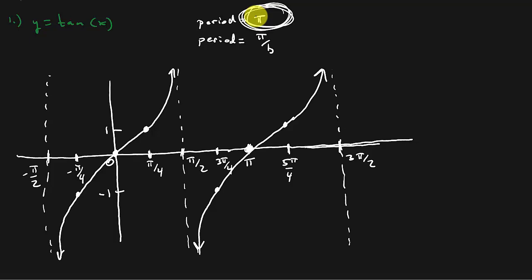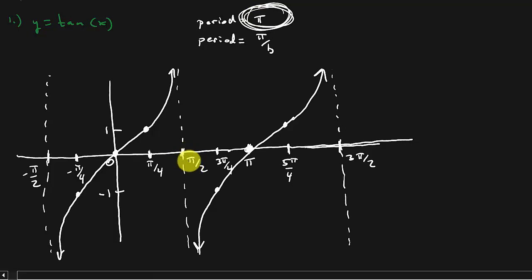All right, so what we want now is to know, what's the equation for the vertical asymptotes? What would be the equation of the lines for the vertical asymptotes? In this case, you can see we have a vertical asymptote at pi over 2. So the vertical asymptote is x equals a number.